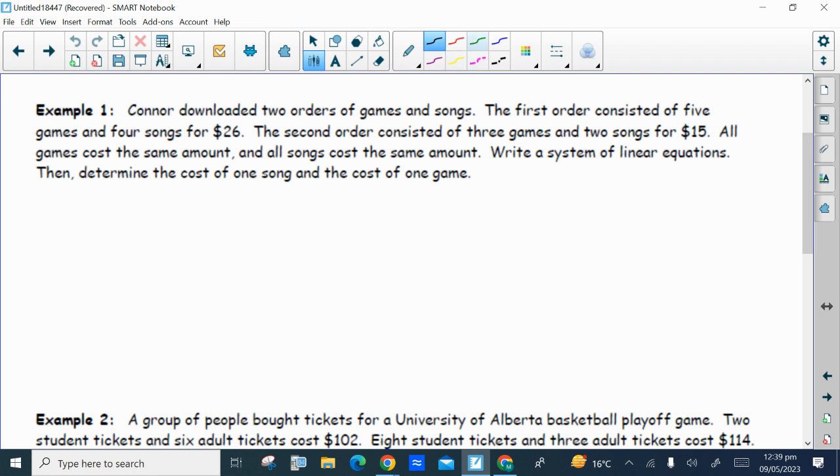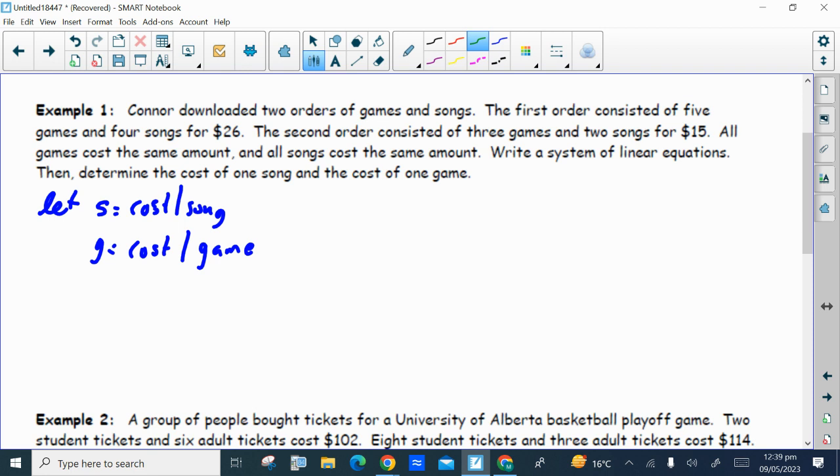So we need to set up our variables first by choosing. Maybe we'll let S equal the cost per song and G equal the cost per game. So that's the first step, Keen. You need to copy this down, please.